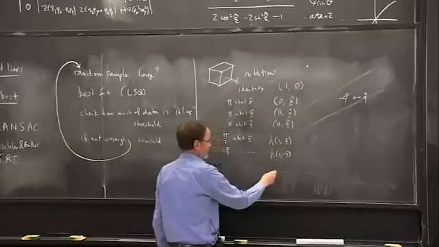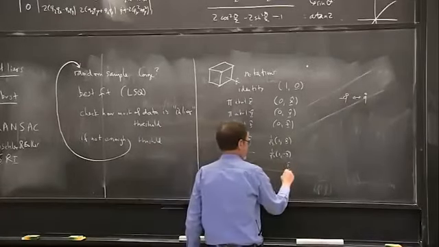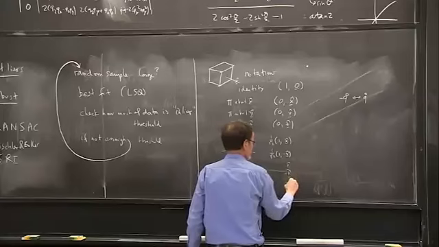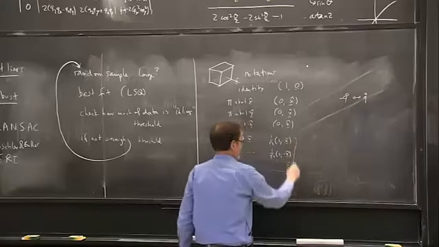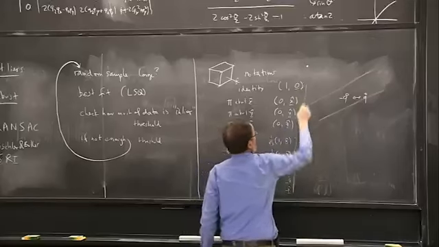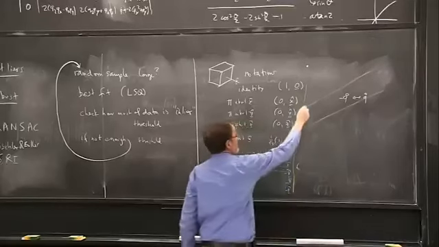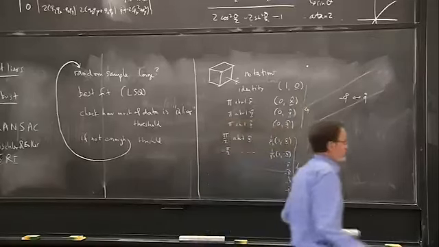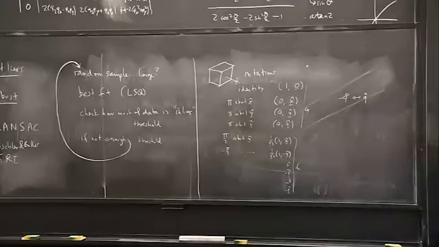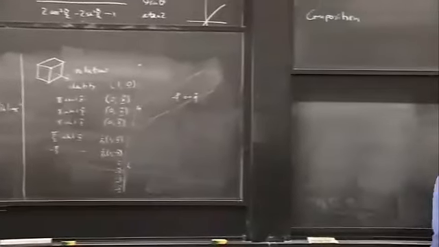Okay, so I can do this for x, y, and then for z. So I get 6 of those, and we got 4 there. So we have 10 rotations, 10 samples of the space that we're interested in.